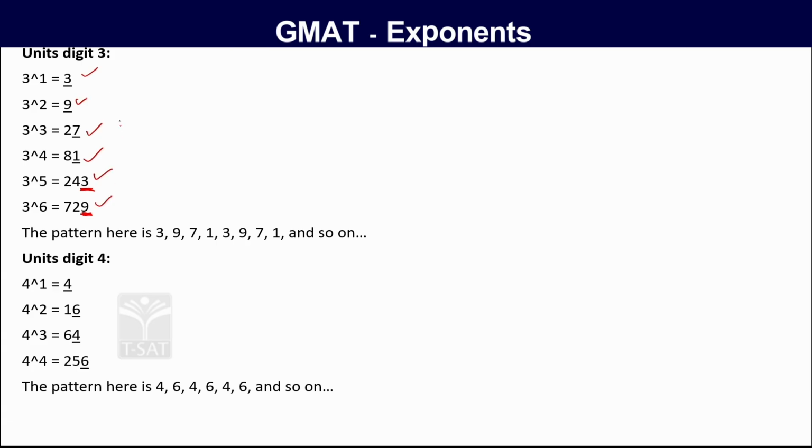You look at the pattern: 3, 9, 7, 1. If you go further, 3 to the power of 7 and 3 to the power of 8, you will see that the units digit repeats itself after every 4 times. So, 3 also has a cyclicity of 4, with the pattern 3, 9, 7, 1.